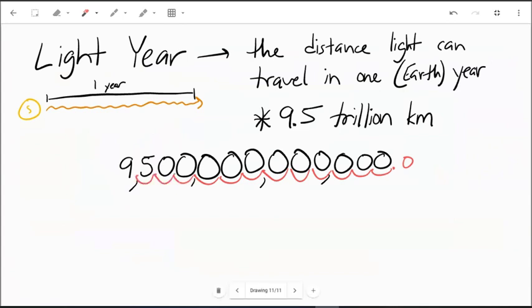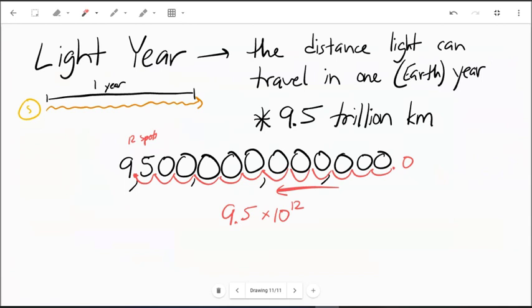So if I move this decimal place 12 spots to the left, I can get 9.5. So I can write it as 9.5, but I moved the decimal place that many times, 12 spots, right? So I can put times 10 to the 12th power. So it's 10 times itself 12 times. And that's how you get those 12 zeros, right?